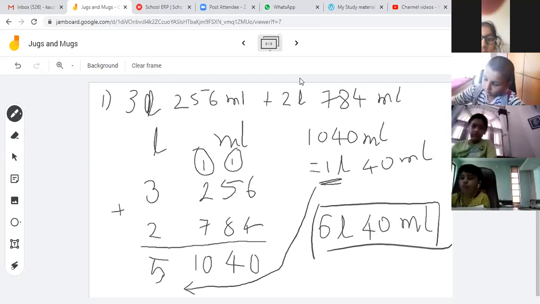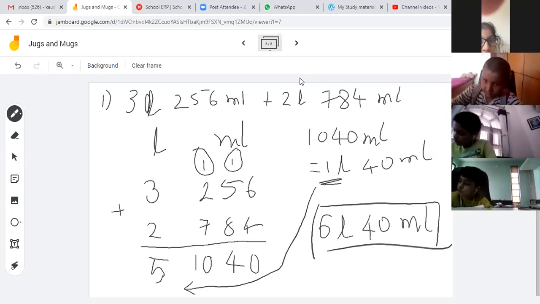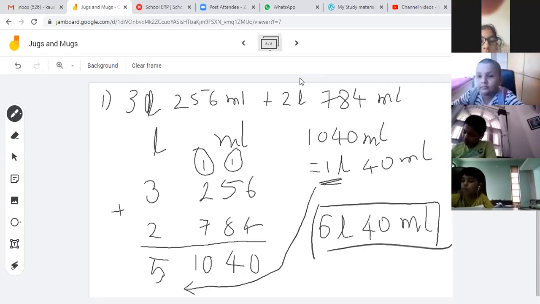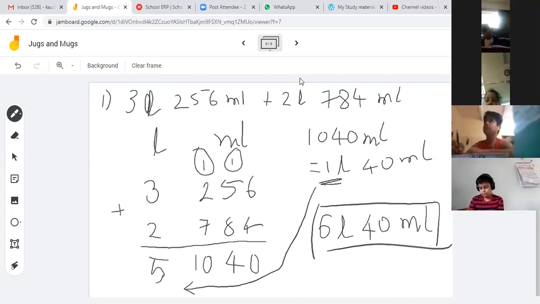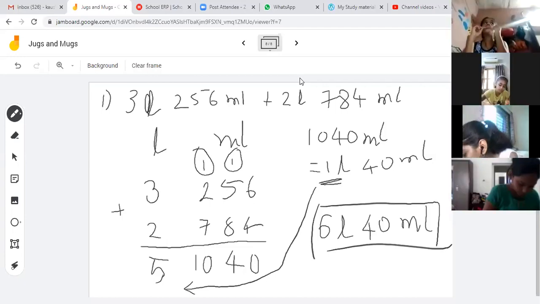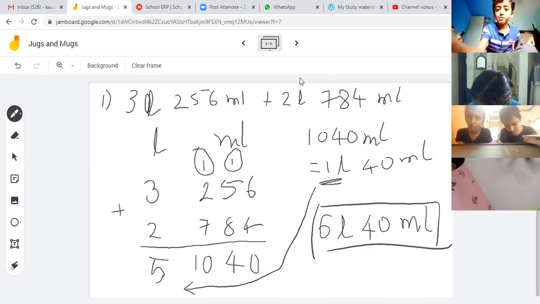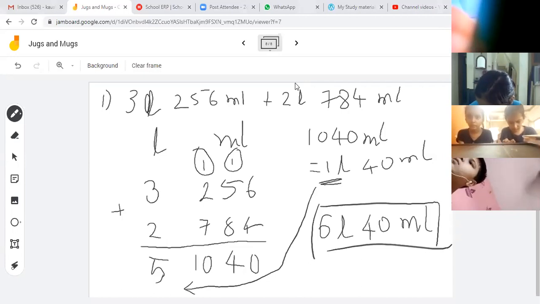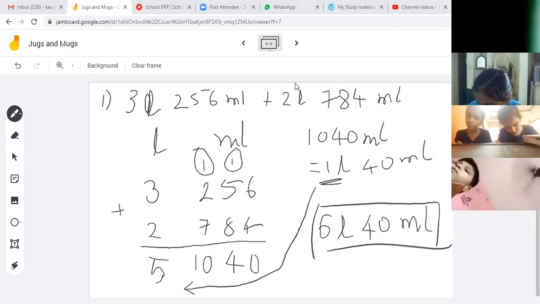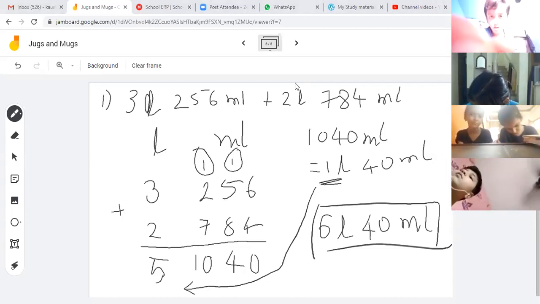Come on, everyone. Arya, are you able to write it up or you need more time? Good, good, very good. Panth, where is Panth today? I don't see Panth. Is he there? Is Panth in the classroom today? Yes, Panth is there.